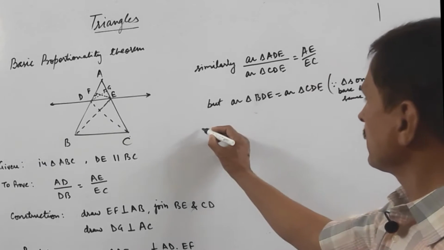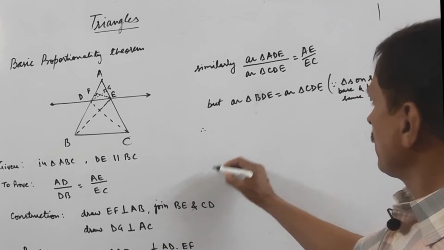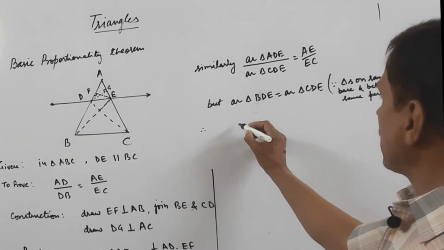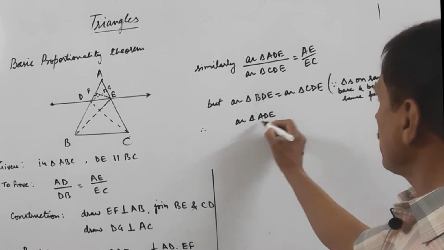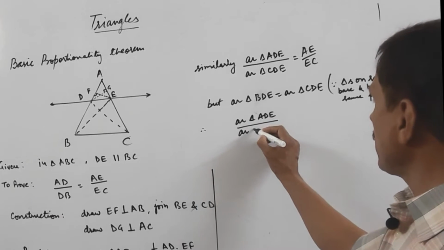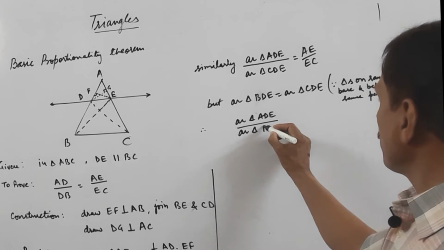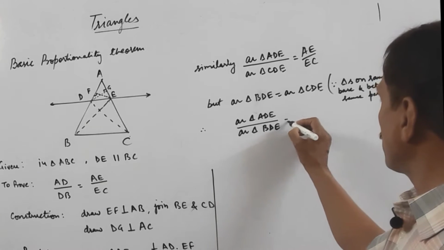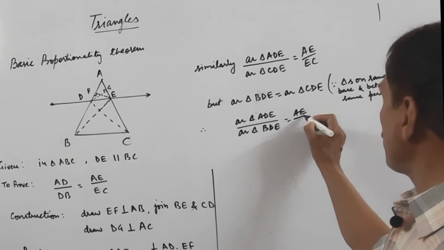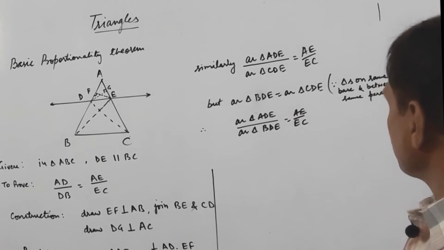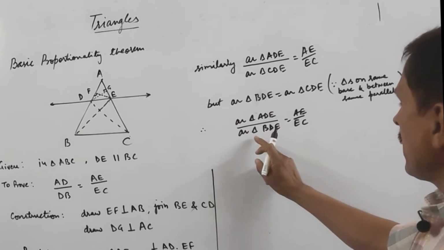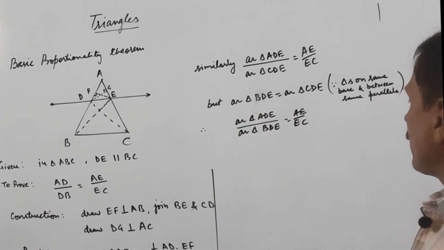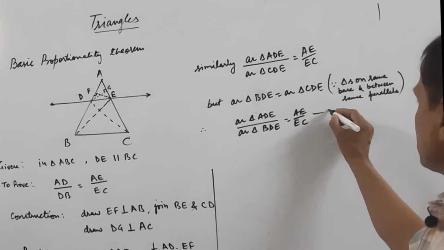Thus, we can say area triangle ADE upon area triangle BDE is equal to AE upon EC. We can replace area triangle CDE by area triangle BDE because these are equal. This is 2.